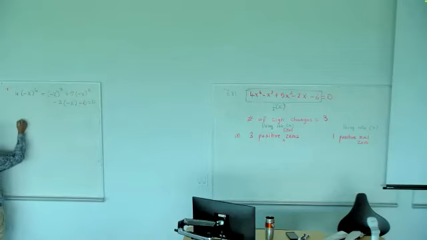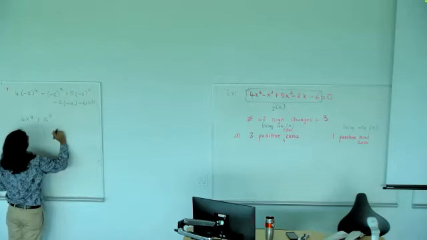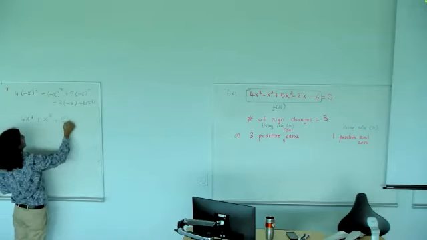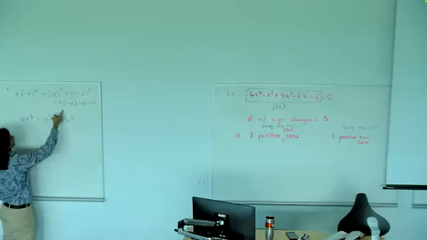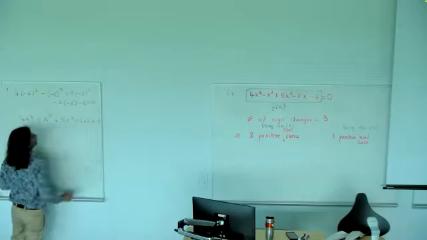Well, x raised 4, negative x cubed times negative, positive x cubed, 5, and negative x squared, if you square, the negative goes away, 5x squared plus 2x minus 6 equals 0.